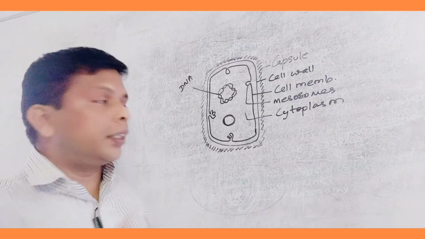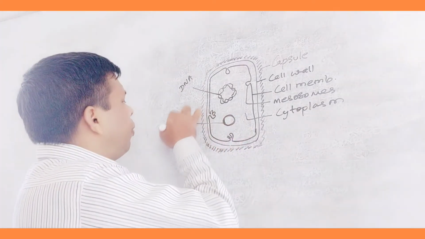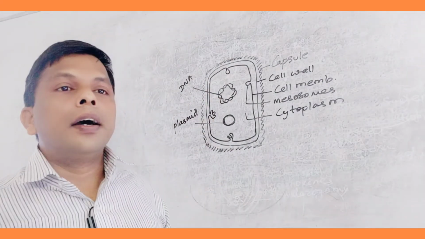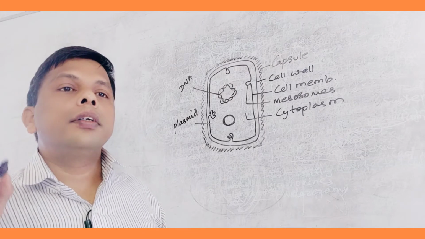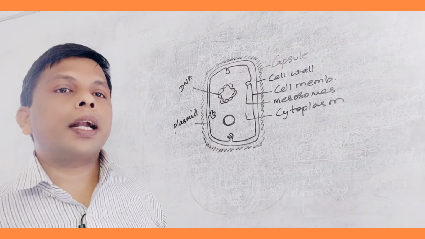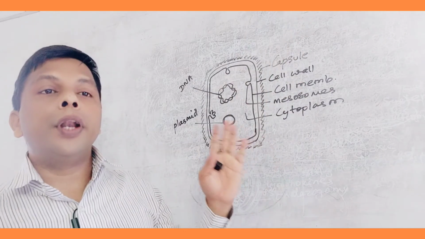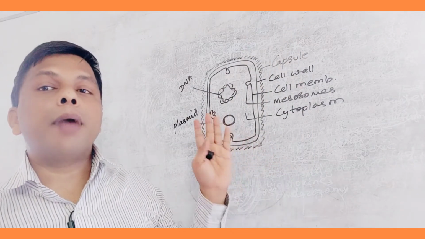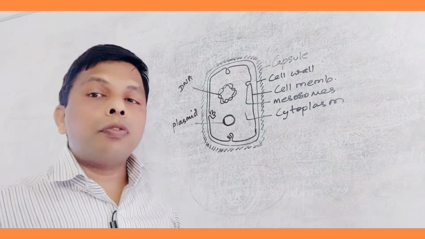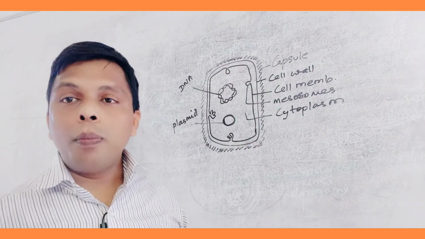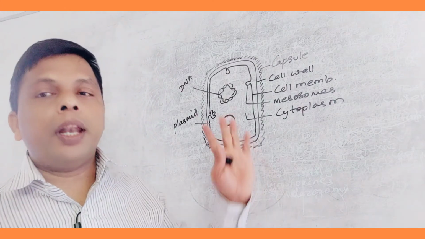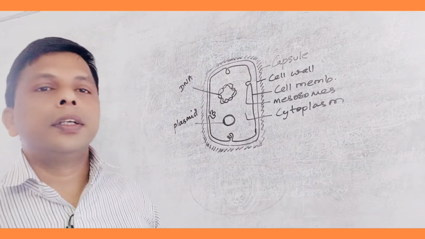These are called plasmids. The plasmids are responsible for carrying resistance. They control antibiotic resistance and bacterial transformation. There are F plasmid, R plasmid, col plasmid, virulence plasmid, degradative plasmids. Many types of plasmids are there.